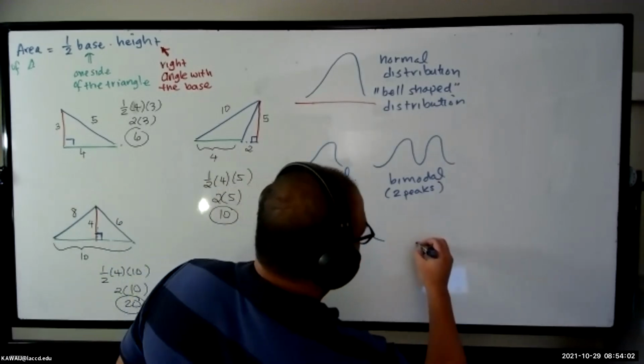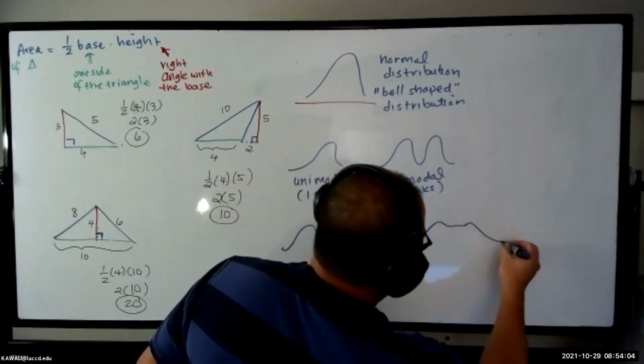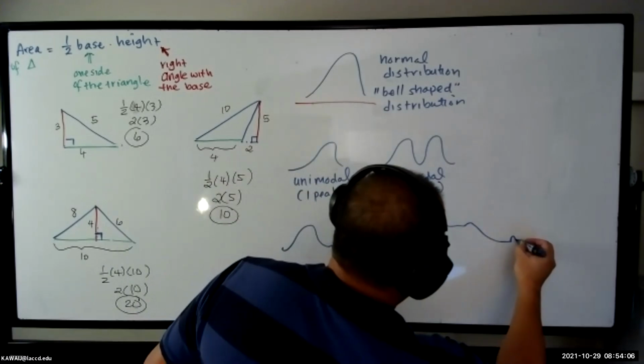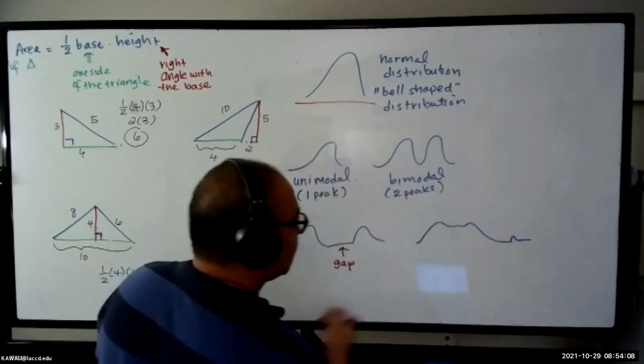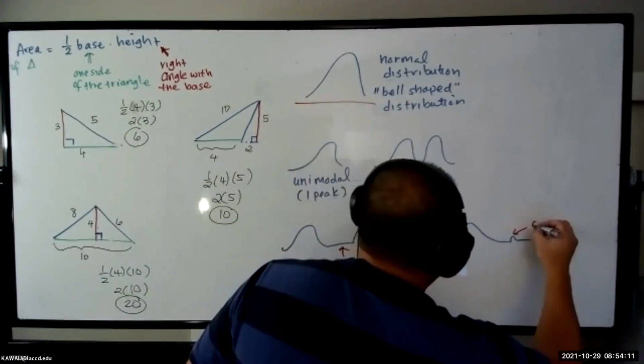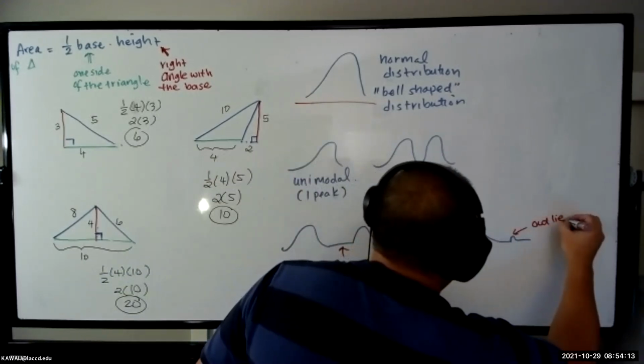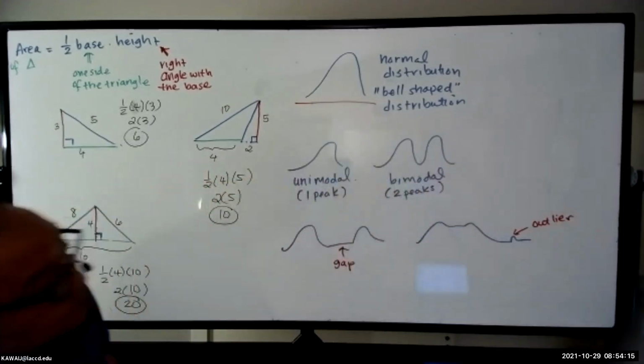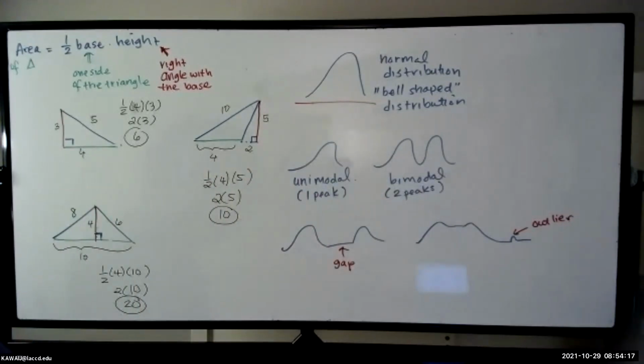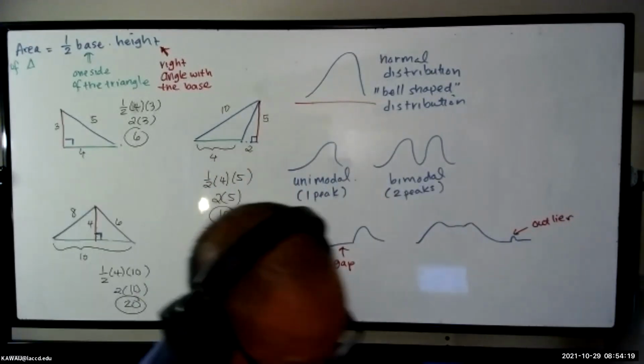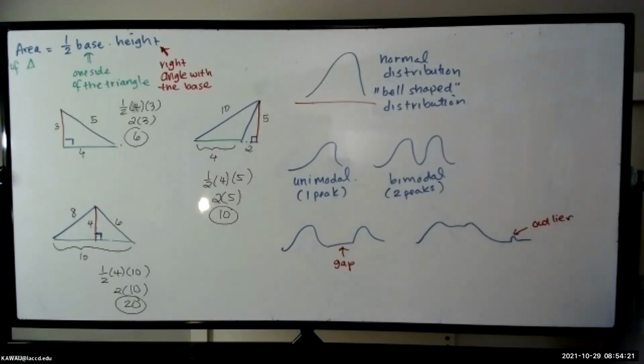I can have most of my people here, and then a little blip far away. That's an outlier, someone that is very different from everyone.